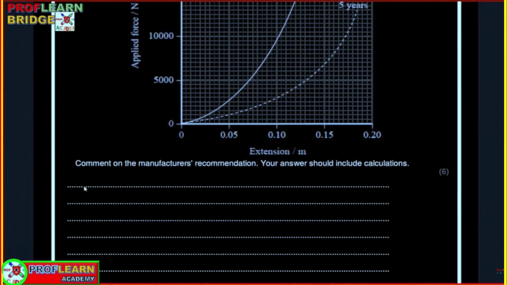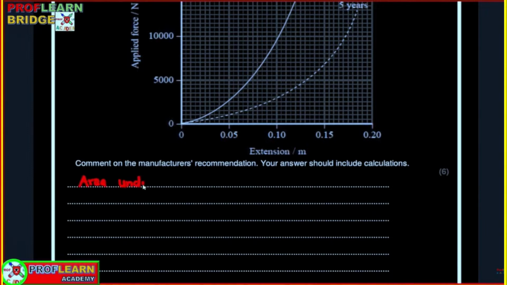Then we see which one can store more elastic energy. If a material stores less elastic energy before breaking, then it's going to be dangerous, because that rope is going to snap or break immediately a small amount of stretching force has been applied.